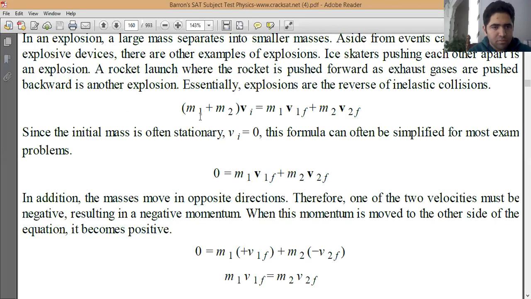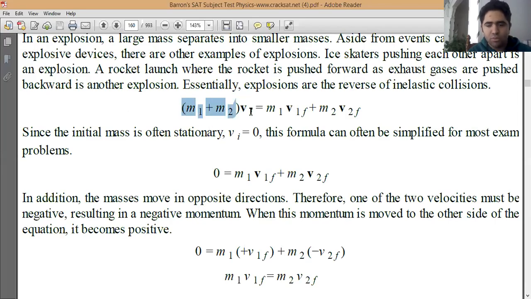So let's say we have two particles that will explode, M1 and M2, and they are essentially the same mass.